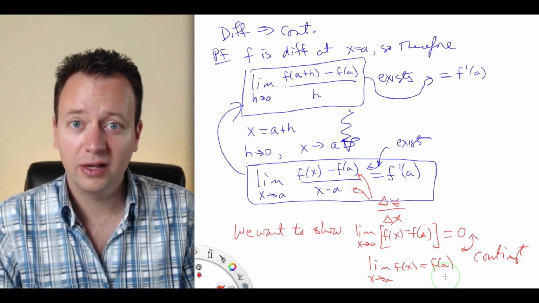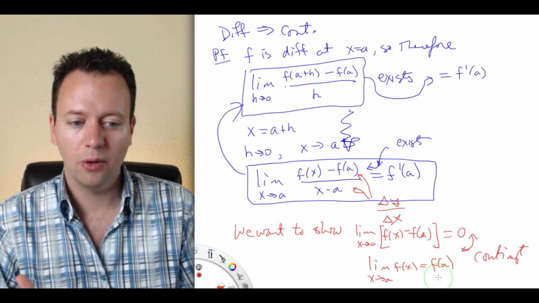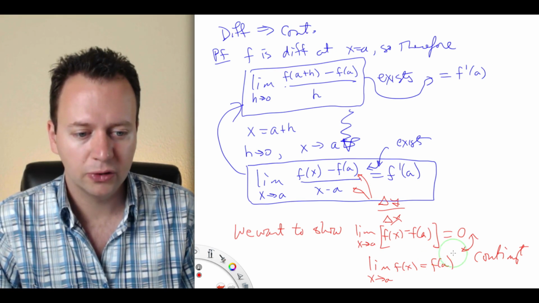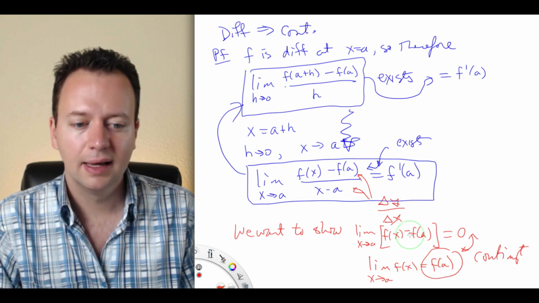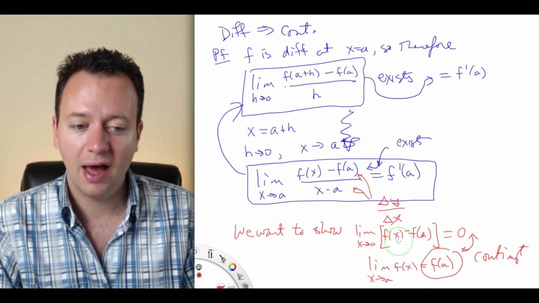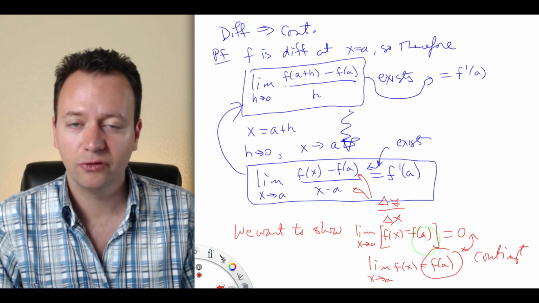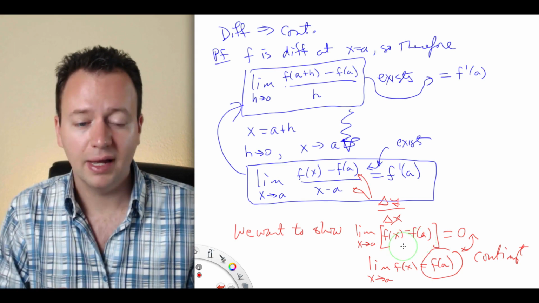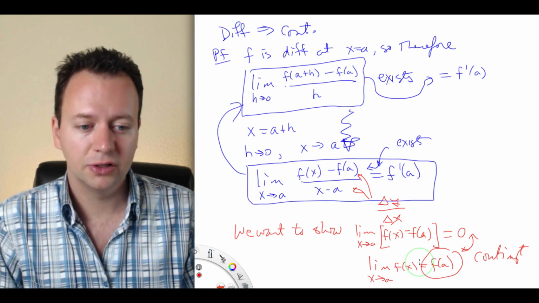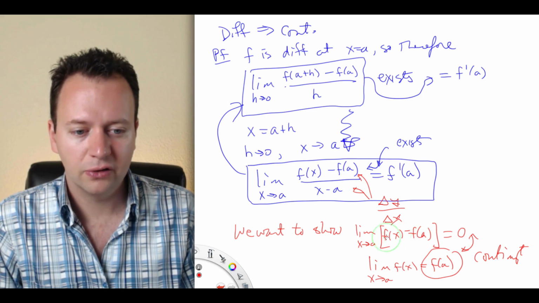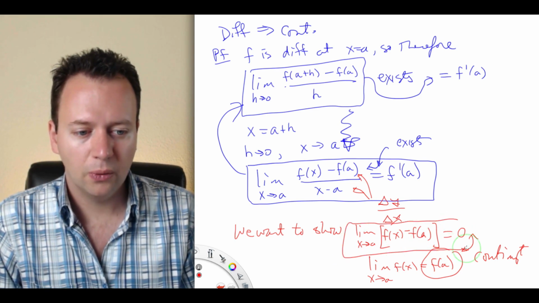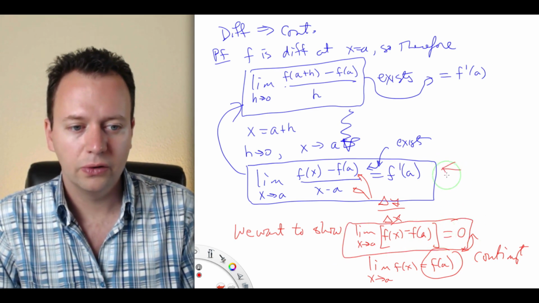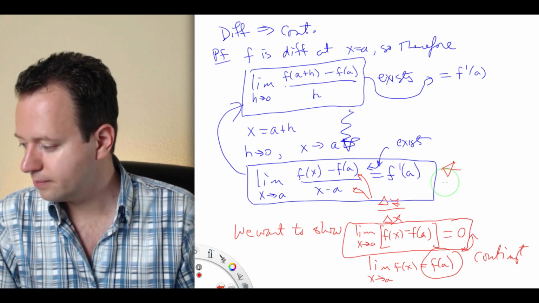Since f of a is a constant, I can toss that into the limit. By subtracting this from both sides, I get the limit as x goes to a of f of x minus f of a. Now f of a is equal to the limit as x goes to a of f of a, because f of a is just a constant. So I can move this to the other side and rewrite it like this. I want to show that this is equal to 0 using this equation right here.